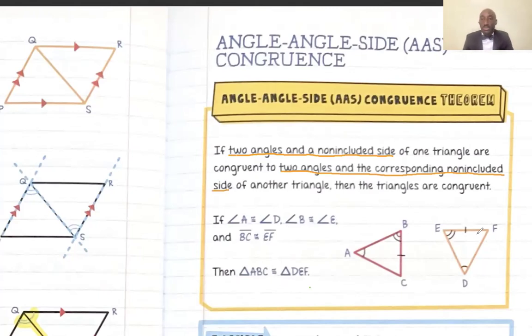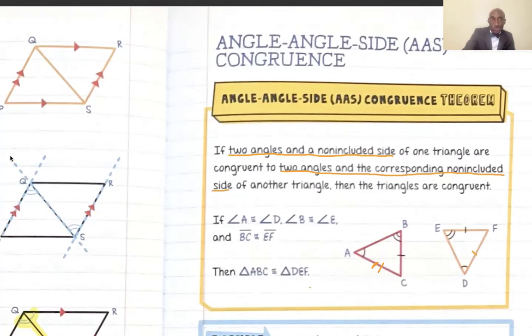So again, it won't be the included side, because that's a different postulate. It has to be one of the sides that is opposite one of the angles, and you'll typically know what it is based on what direction you're going. If you were going the other direction, it would have to be this side on the other one.